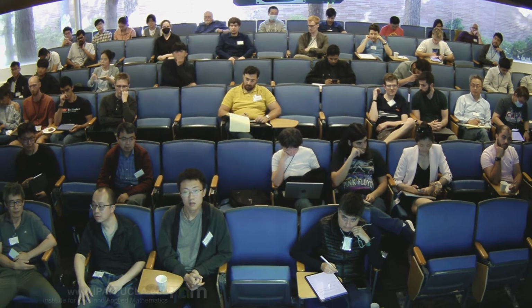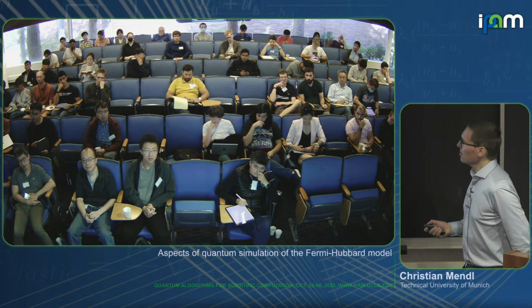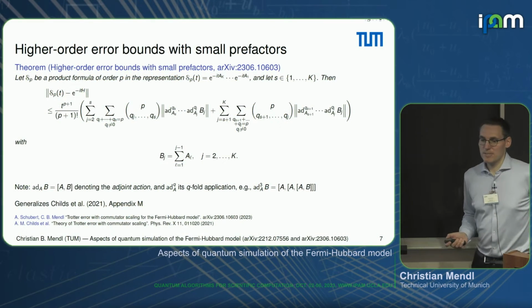Question: if you do this symbolically, I would guess that the numbers you get will be integers or rational numbers. These numbers look a little bit random, so where do they come from? I guess it comes from the fact that, let me go back a few slides, the norms of these nested commutators might not be integers.